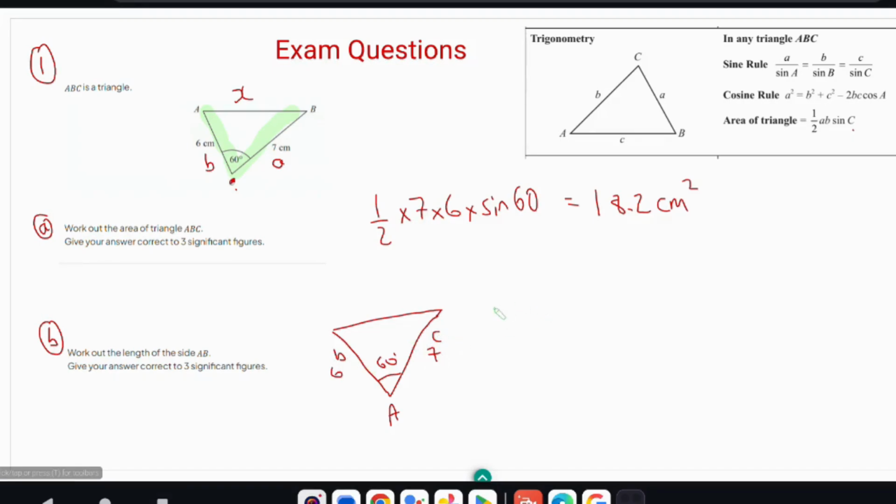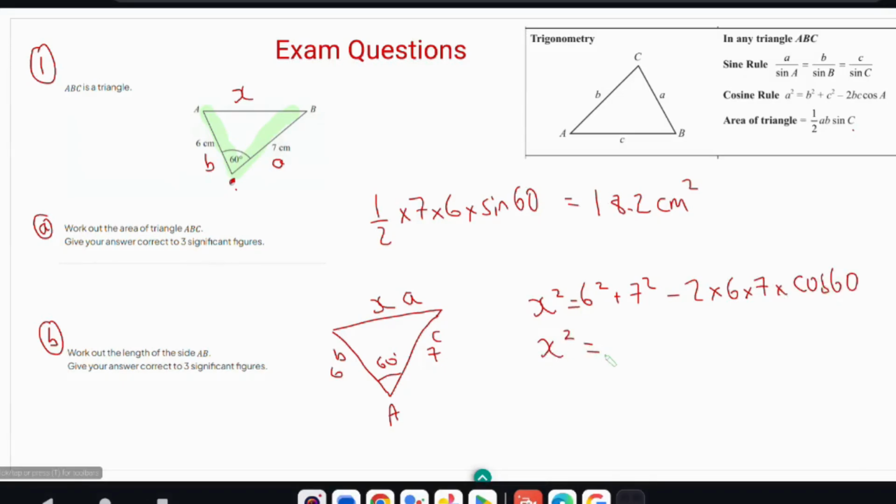So that's my x. x squared is equal to b squared plus c squared minus 2 times b times c times cos A. Just type that straight into your calculator. 43. Square root both sides, to 3 significant figures, 6.56.